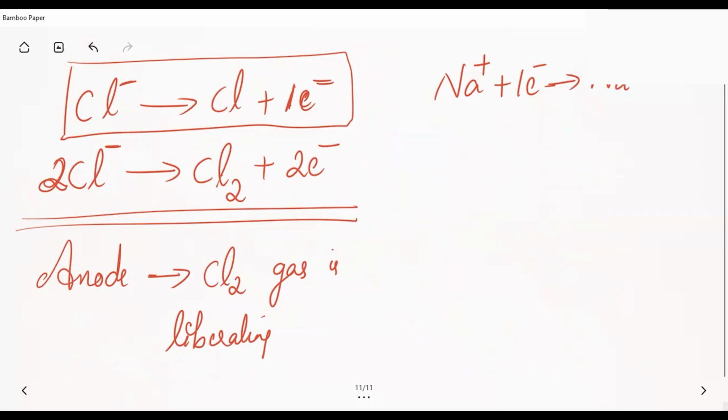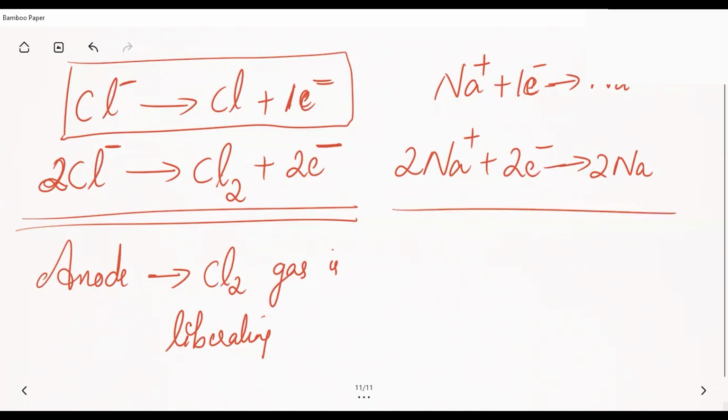Now we have to do balancing here, because at the anode two electrons are donated by the chlorine. Sodium takes one electron, so to make it two electrons, you have to take two sodium ions, so that two electrons are gained and you will get two sodium atoms. A lot of reactions will be taking place.